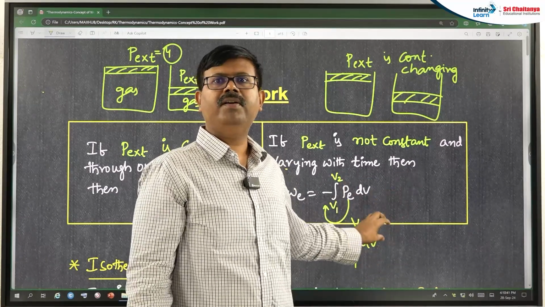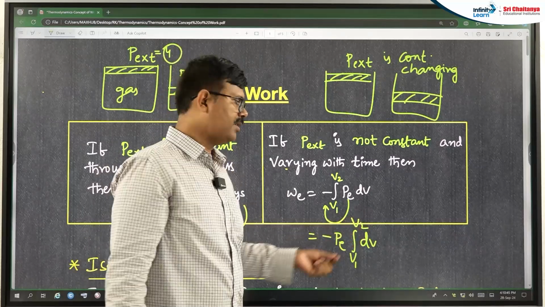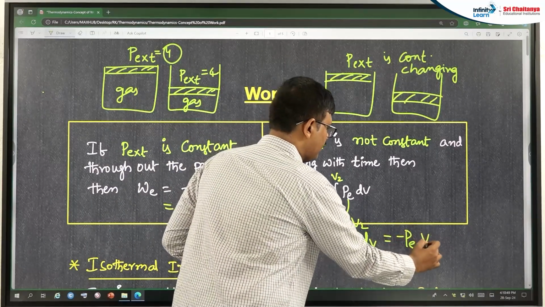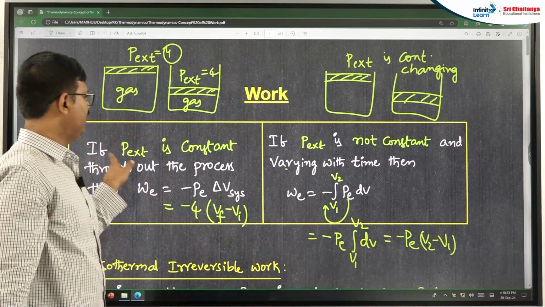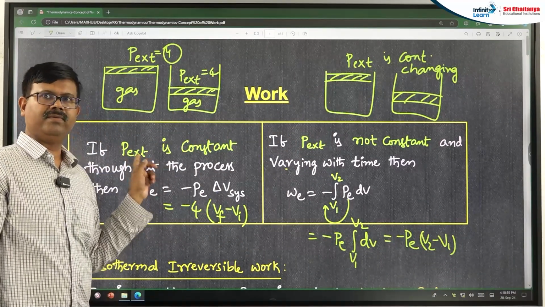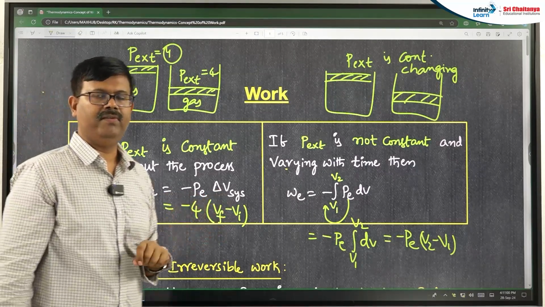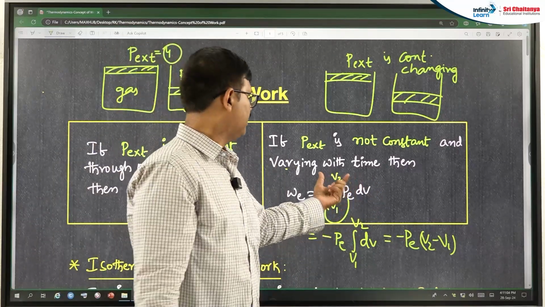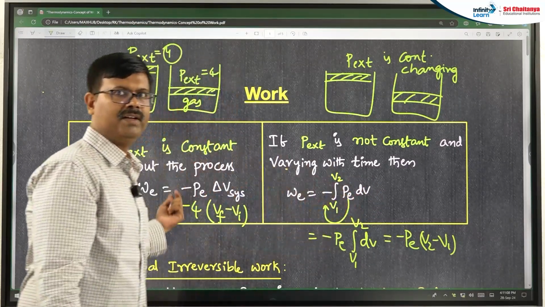Then it will become V2 minus V1. Minus PE into V2 minus V1 is nothing but the same as the previous one, that is minus P external into V2 minus V1. So if P external is constant, this whole term will automatically transform into the previous one.